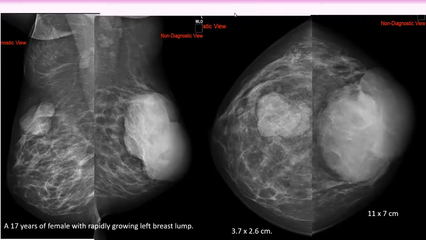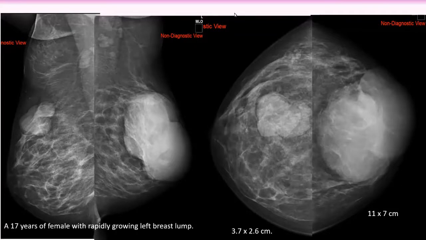Fibroadenoma is also one of the differentials. Which type of fibroadenoma can overlap especially with phylloides? Giant fibroadenoma. Yes, any fibroadenoma 5 centimeters or more is called giant fibroadenoma. But there is a specific variant of fibroadenoma that can present as large or rapidly growing lesions.